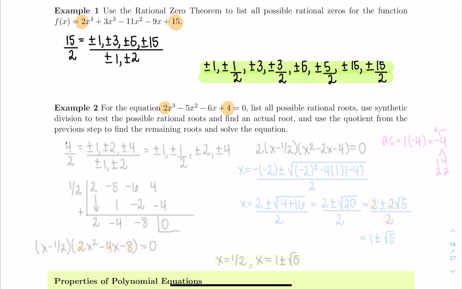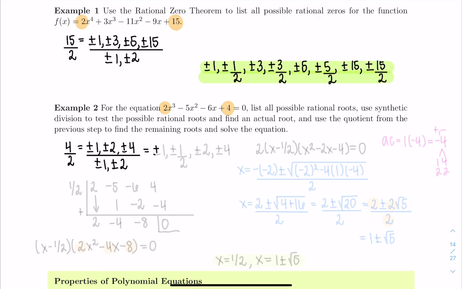So we're looking at 4 over 2. So the possible factors of 4 are 1, 2, and 4. And again, the possible factors of 2 are 1 and 2. And so let's go ahead and divide and simplify.